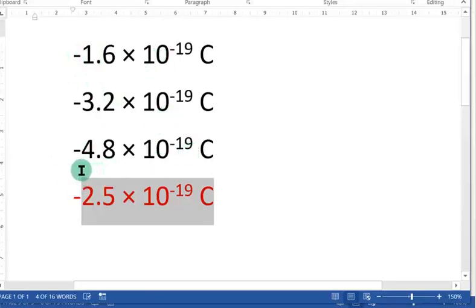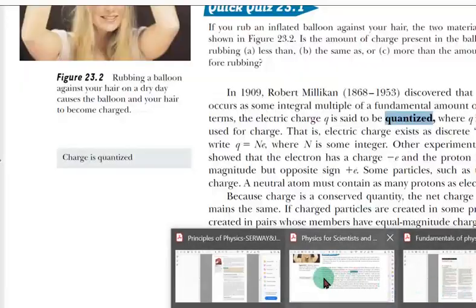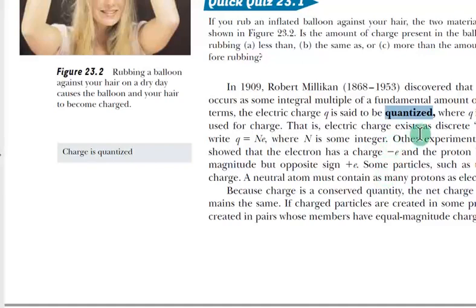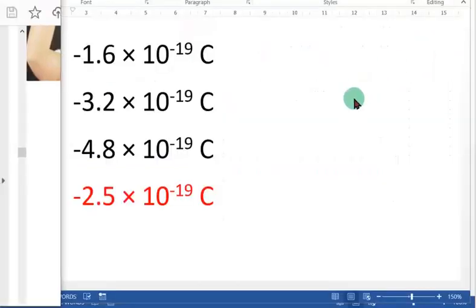If you have 3 charges, then it will be this one, 4 charges, and it will be this value multiplied by 4. So we can't have in between values. That's what we mean by quantization, or that charges are quantized. So that's the third property of charges that we need to appreciate.